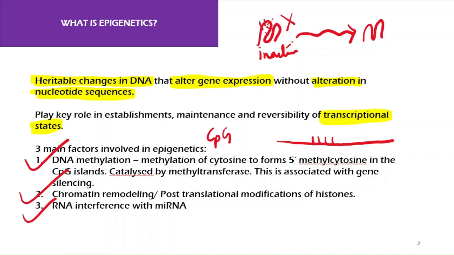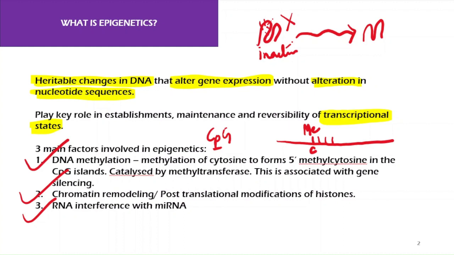They are CG islands, and to differentiate, there is a phosphate link between the C and G, so they are given as CpG islands, right? When the cytosine of the DNA along the CpG island is methylated, that is what is called DNA methylation.